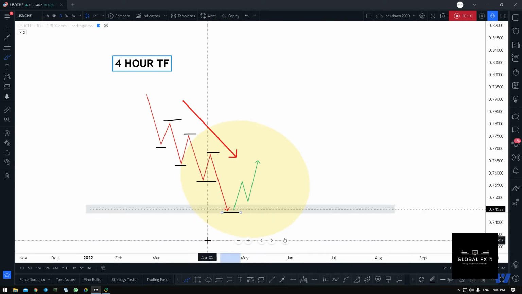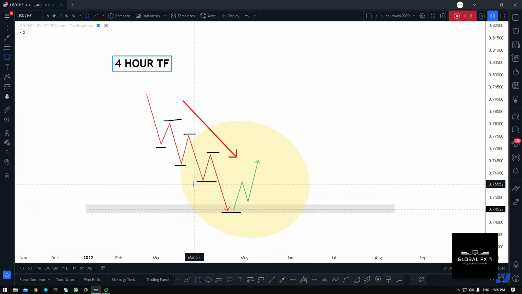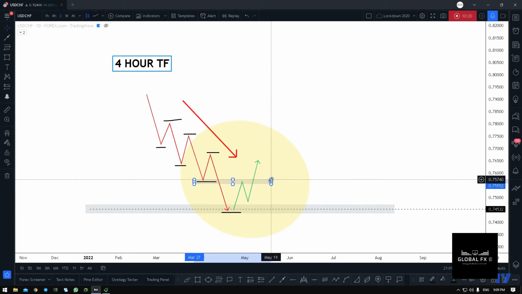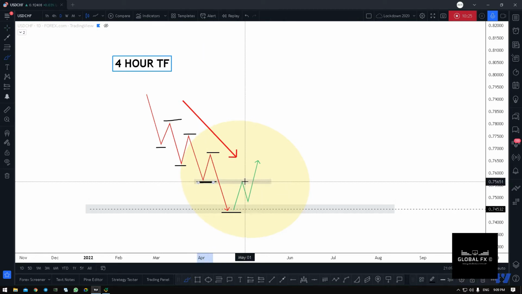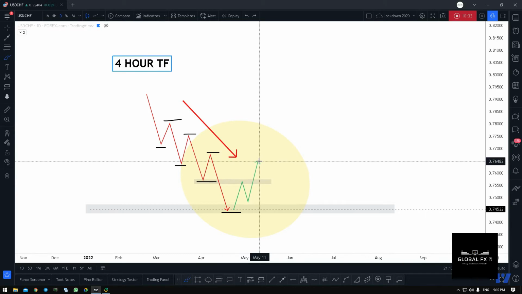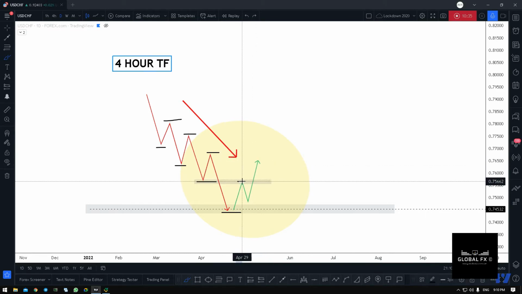It then came up and retested this structure, which was the previous support and has now turned resistance. But on the next move, it broke above this structure, which was a previous resistance point. It came down for a next correction, possibly another support area here, came up again, and broke through this resistance area.